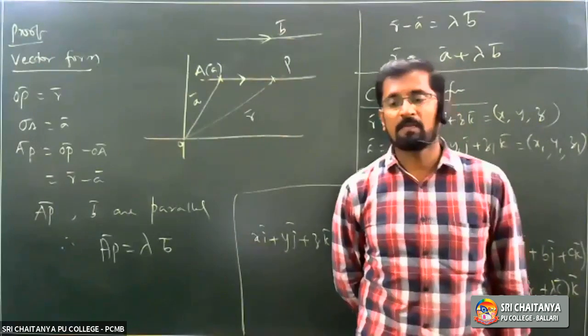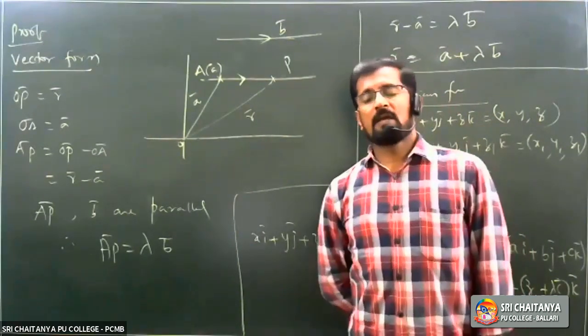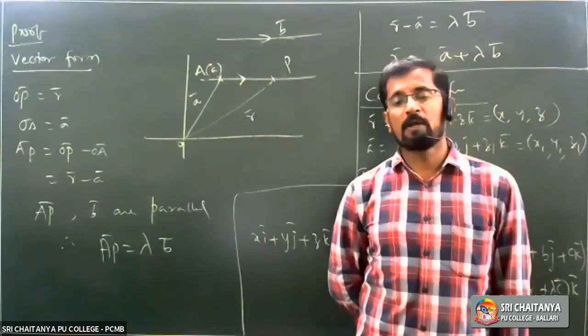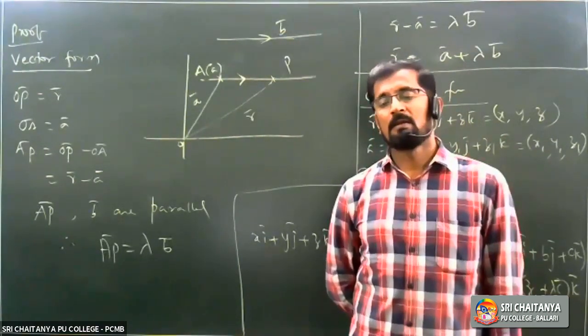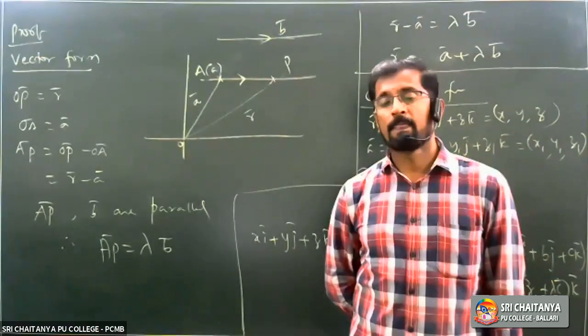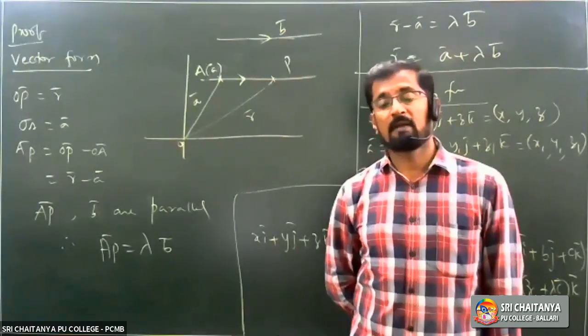Once again I am repeating that. Let capital P be the point on the line passing through the point A and parallel to the vector B bar.